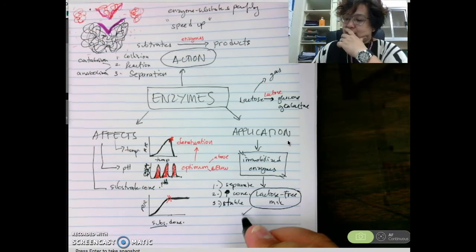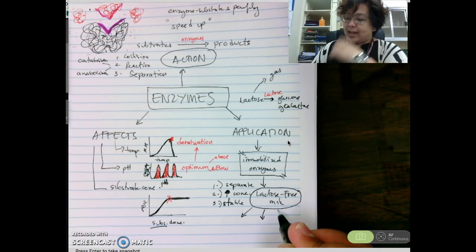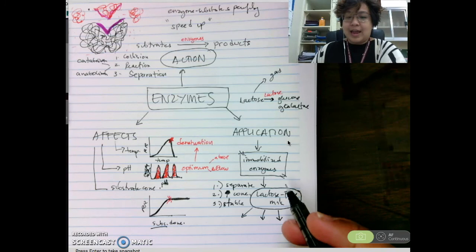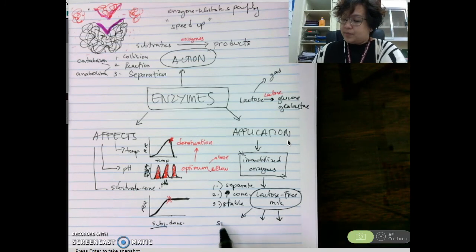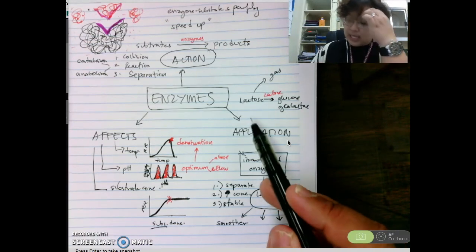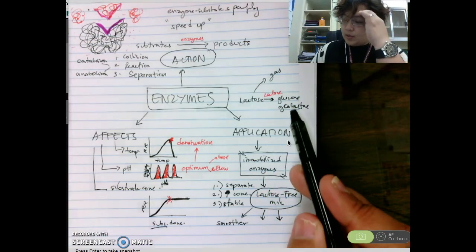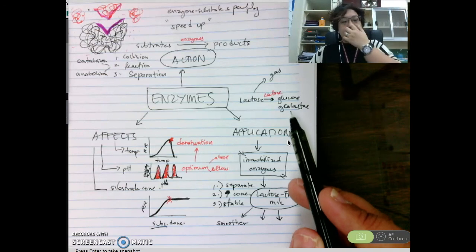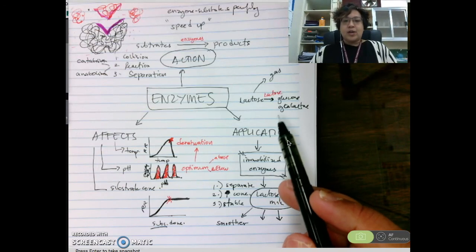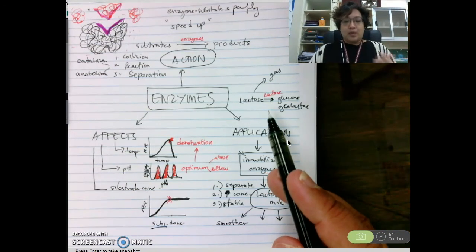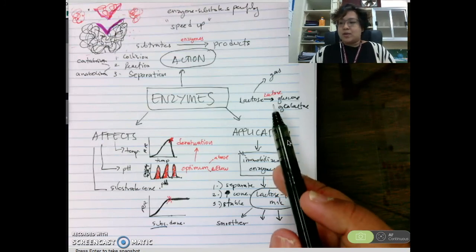Other advantages of converting your lactose into glucose and galactose is that your lactose normally crystallizes, but glucose and galactose does not. So when you're making dairy products such as ice cream, you'll want that smooth and refined texture of your ice cream.